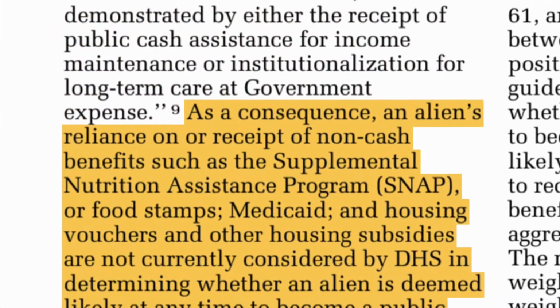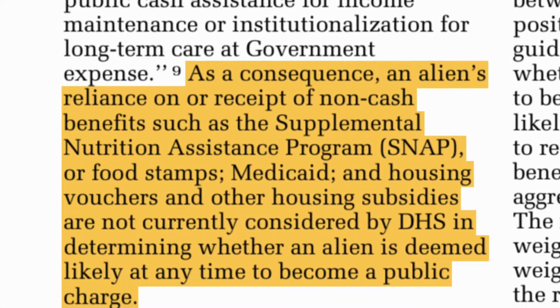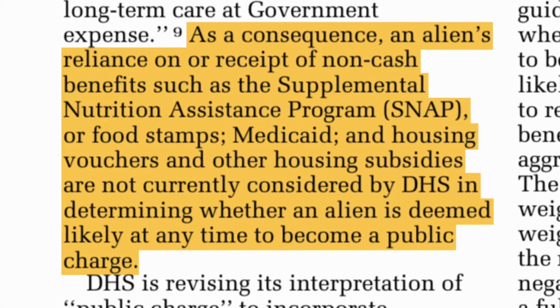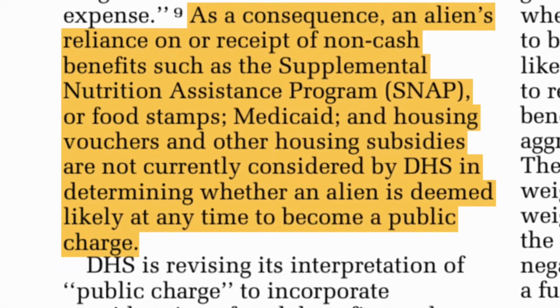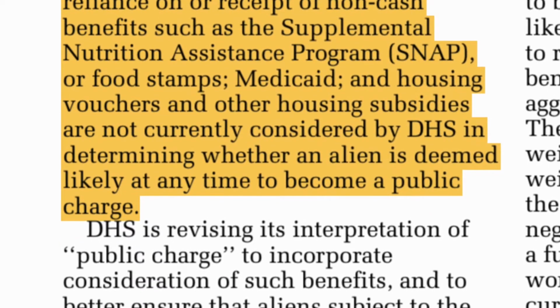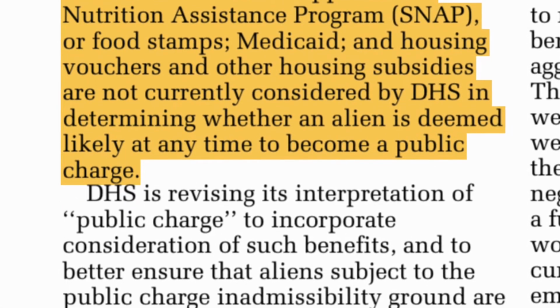As a consequence, an alien's reliance on receipt of non-cash benefits, such as the Supplemental Nutrition Assistance Program, SNAP, or food stamps, Medicaid, and housing vouchers and other housing subsidies are not currently considered by DHS in determining whether an alien is deemed likely at any time to become a public charge.